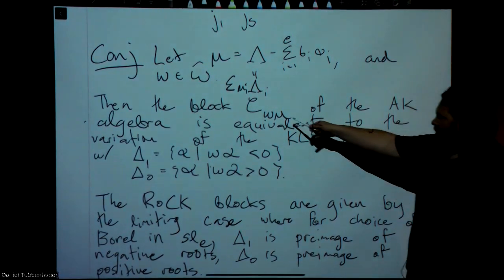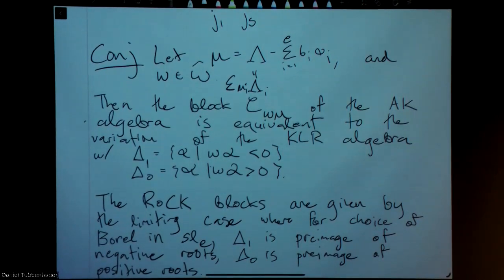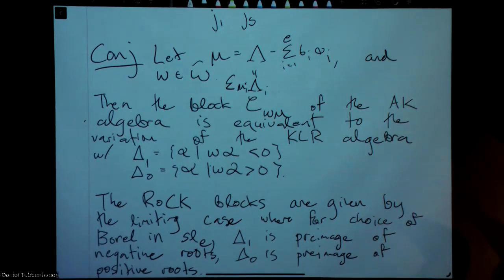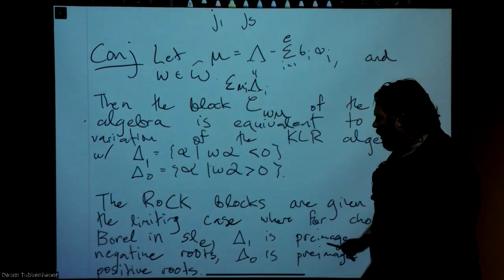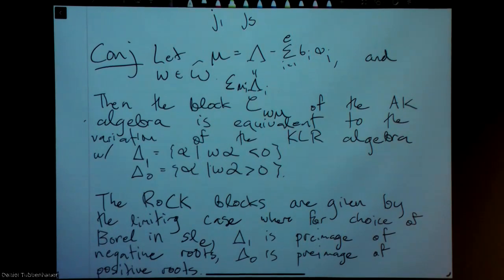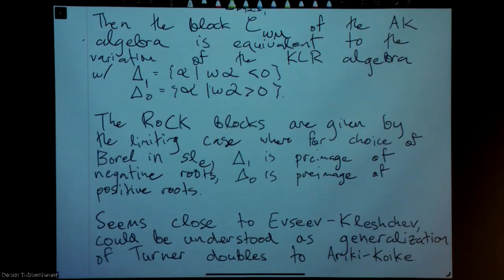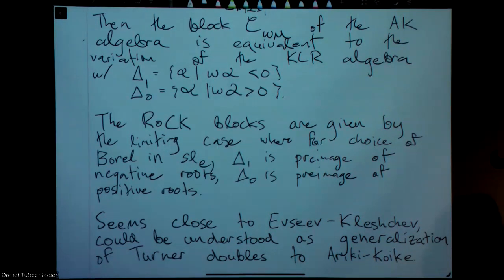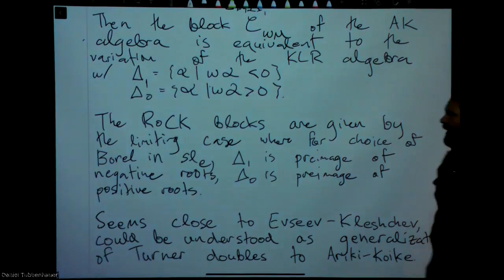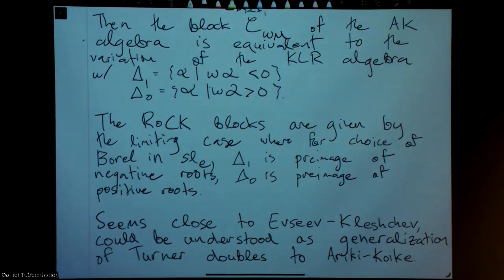Then if I look at the block where I take mu and I multiply it by w in the Ariki-Koike algebra, then that should be equivalent to this variation of the KLR algebra, with delta 1 being the roots that are sent negative by w, and delta 0 being the guys that remain positive when acting with w. With the RoCK blocks being the limiting case where I choose a finite Borel and I take delta 1 to be the preimage of the negative roots and delta 0 to be the preimage of the positive roots.